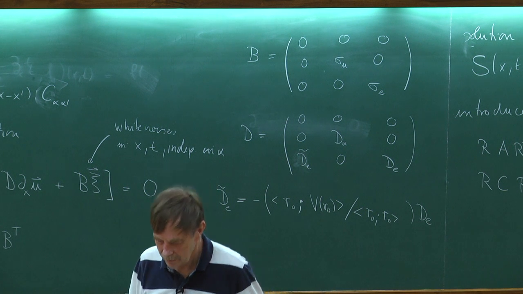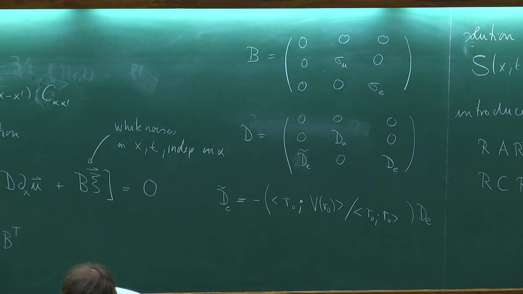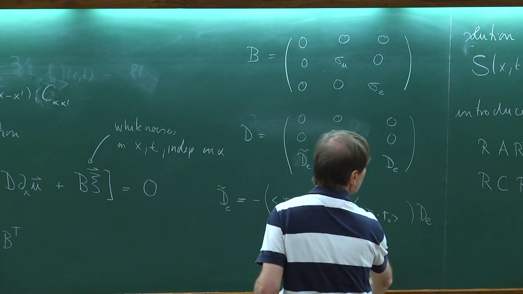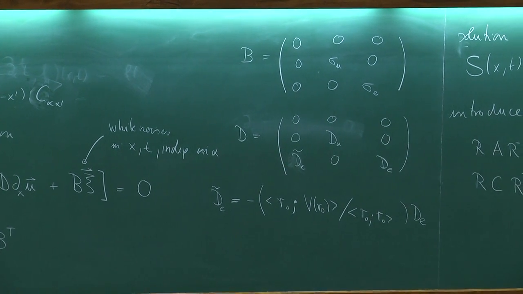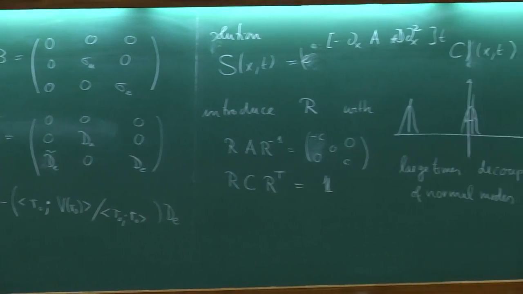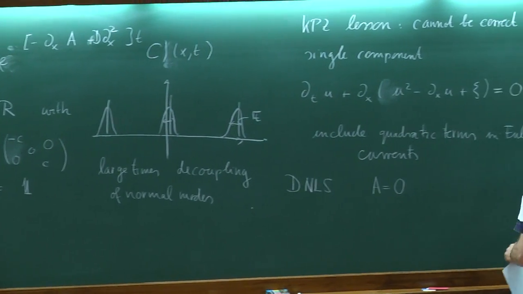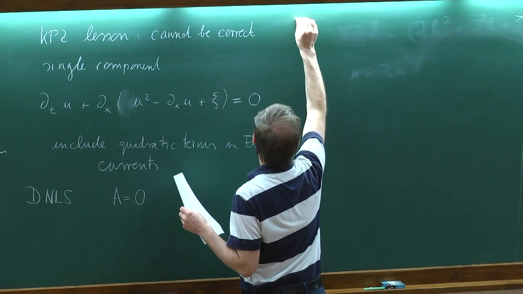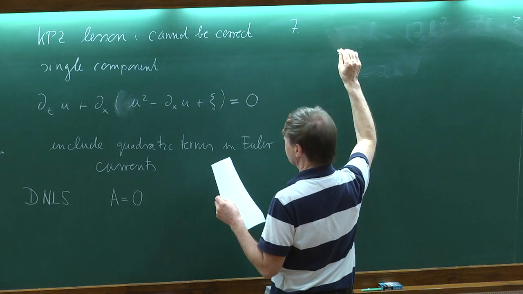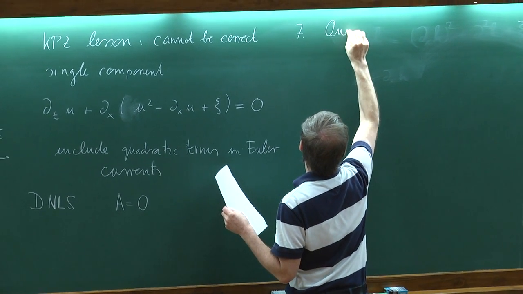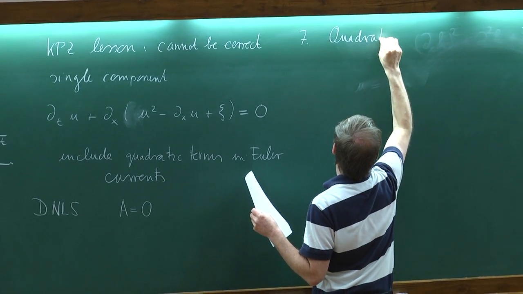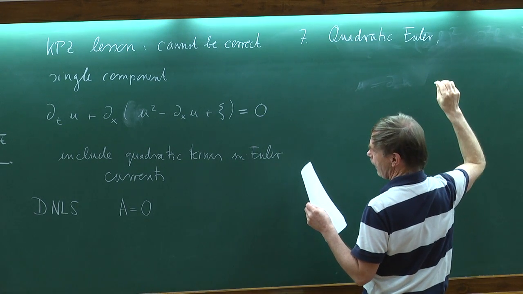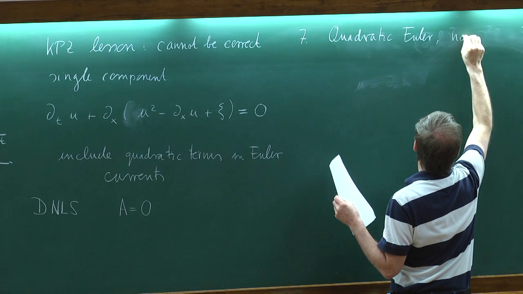Okay. All right. So now I have to include this quadratic Euler thing. Is that still visible, or is it too far off? Okay. Now, this is quadratic Euler, normal modes.